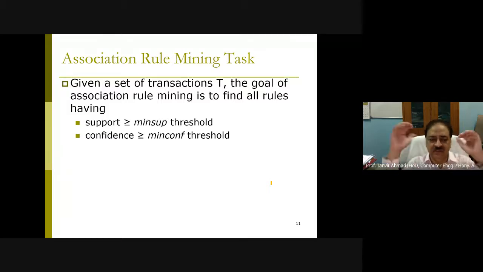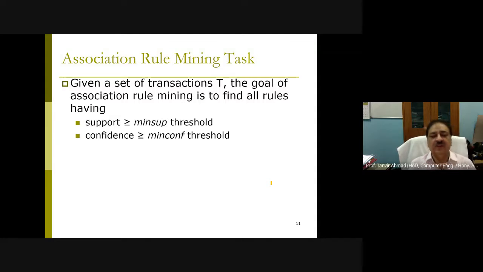You are given a set of transactions T, the minimum support threshold and the minimum confidence are given by the user, and you have to find which rules have this much support and this much confidence.